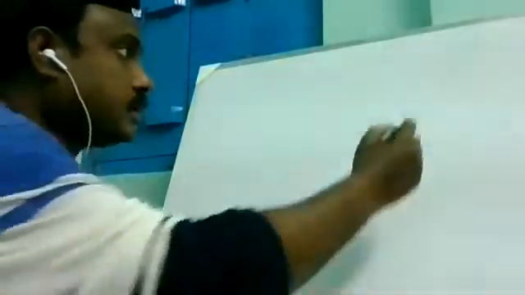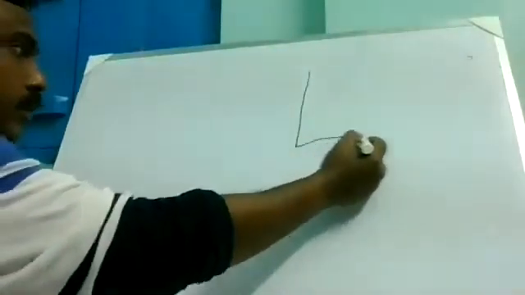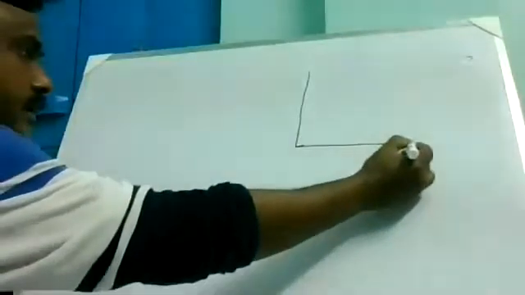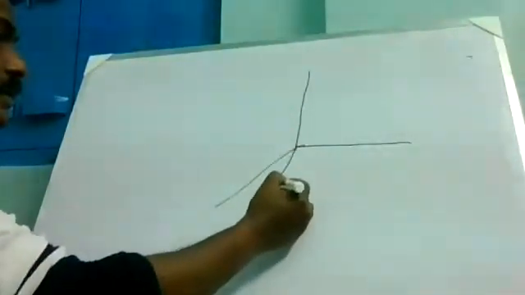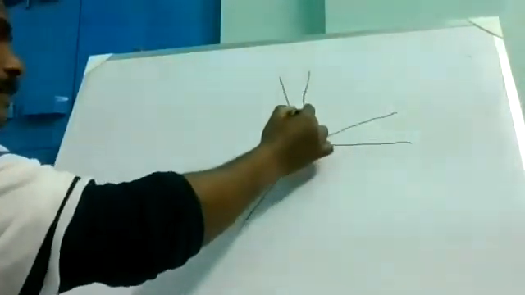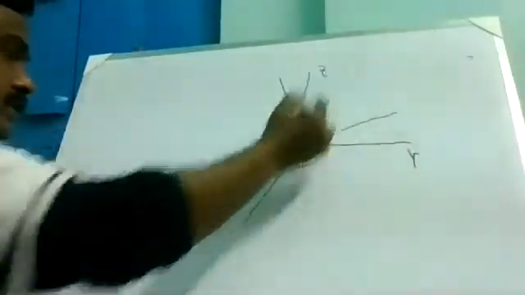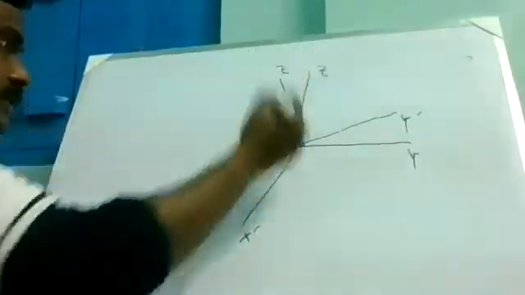Suppose this is body set of axis, and we are rotating it. x, y, z, and we rotate it x dash, y dash, z dash.